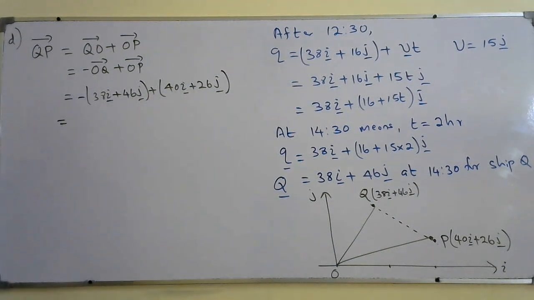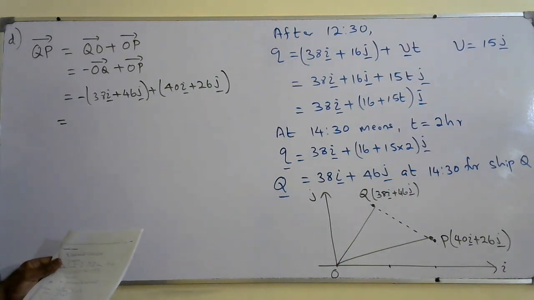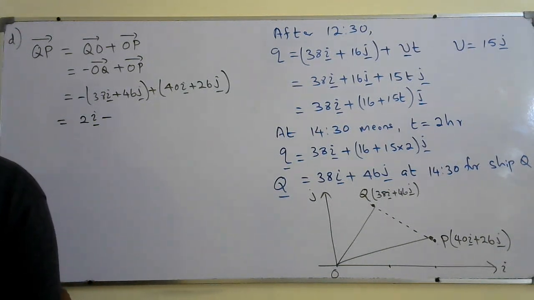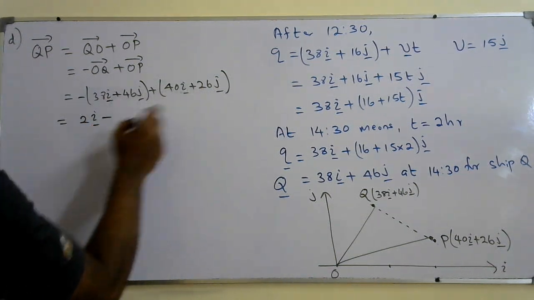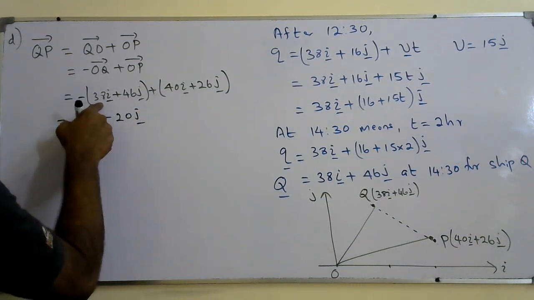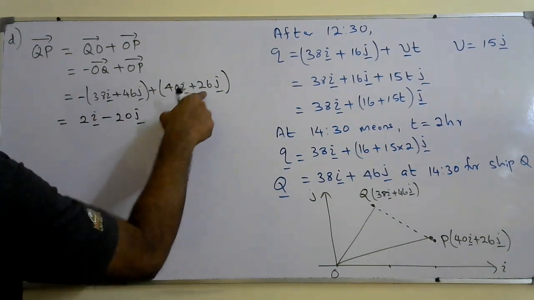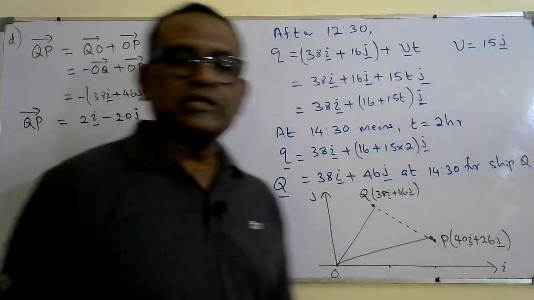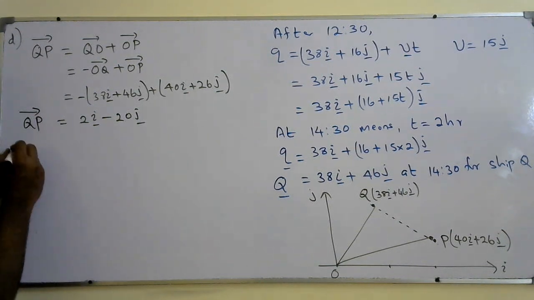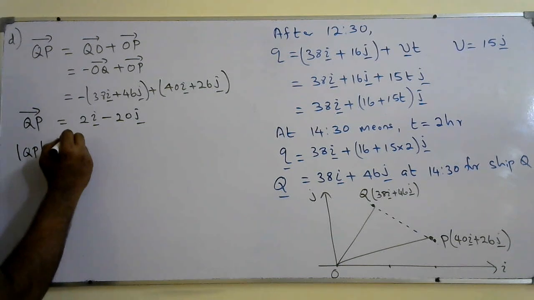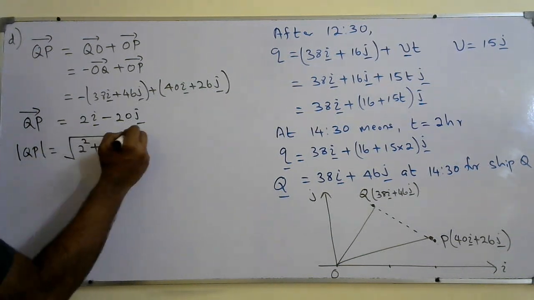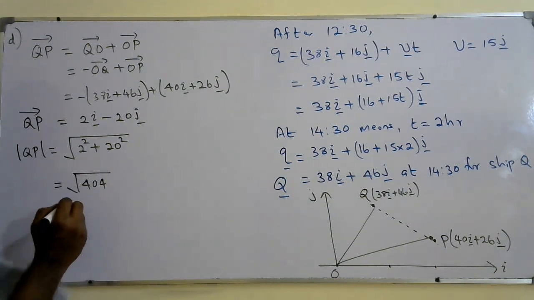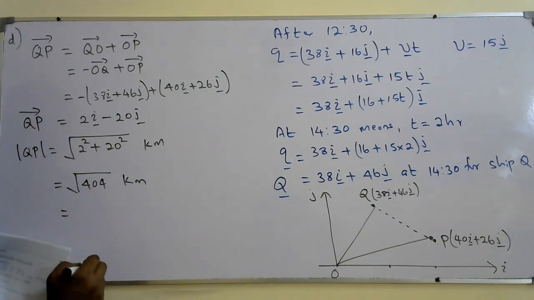Solving it, you will get minus 38 plus 40, 2i, minus 46 plus 26, minus 20j. This is the vector QP. The distance between the two ships at that time is the modulus of QP, that is the square root of 2 squared plus 20 squared. That will be the square root of 404, in kilometers. You will get 20.1 kilometers.